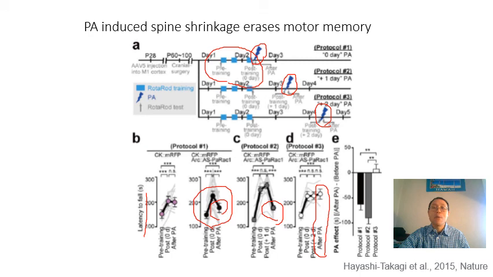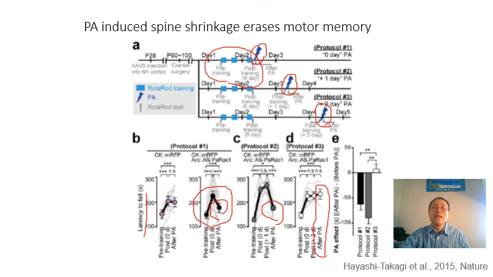No matter how much you try to affect the existing spine that has already been incorporated into the existing circuit, you cannot erase a memory that is really well formed already.